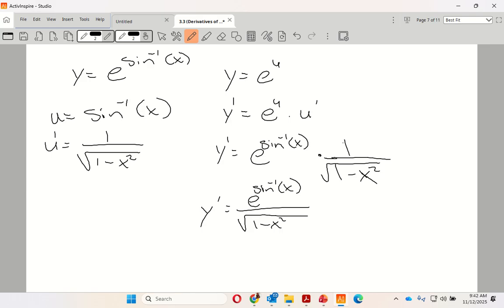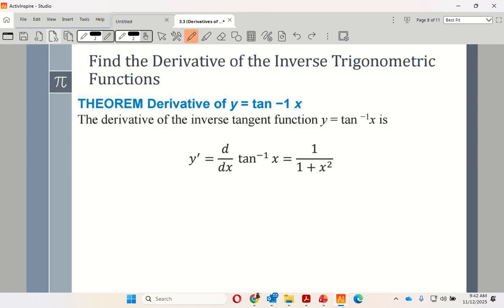Is that the part that you're confused with? The derivative of e to the x is e to the x. All right, tangent, arctangent. So no square roots. 1 over 1 plus x squared.